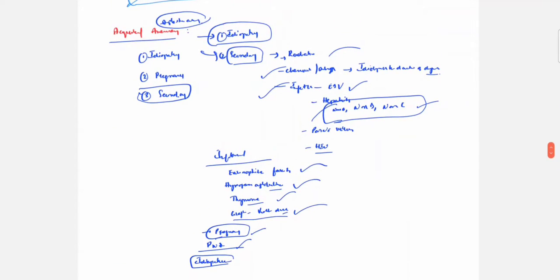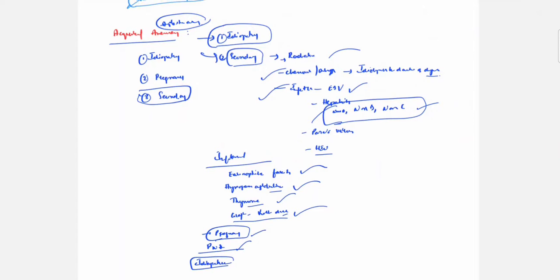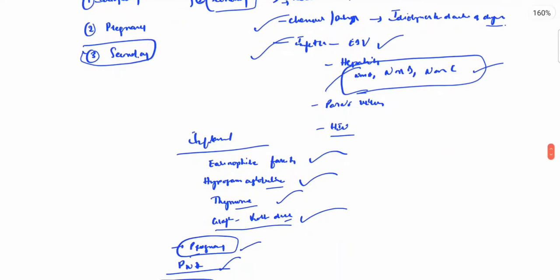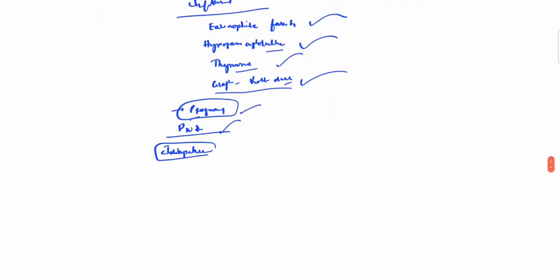In PNH, sometimes the symptom, that is hemoglobinuria, presents early and aplastic anemia presents later. In a significant number of patients, aplastic anemia is seen first and later paroxysmal nocturnal hemoglobinuria will be seen.